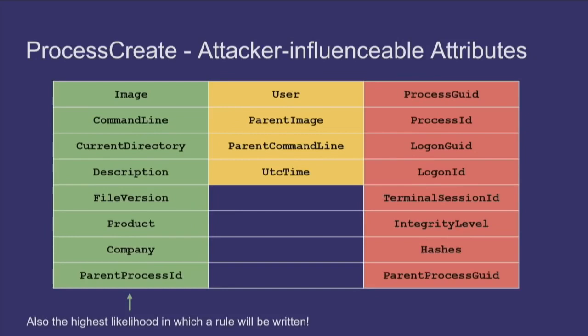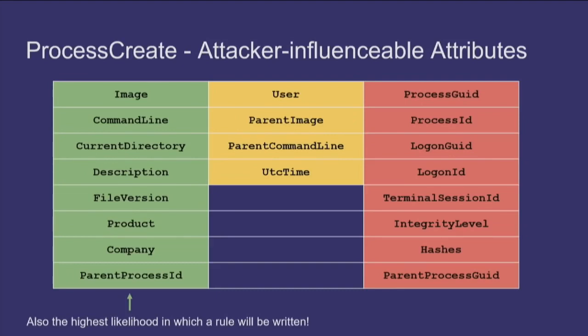This was developed more from the perspective of a true post-exploitation scenario. So a column in the middle could potentially be influenced by an attacker, and then the red ones, generally speaking, you don't have much control, if at all, over any of those.